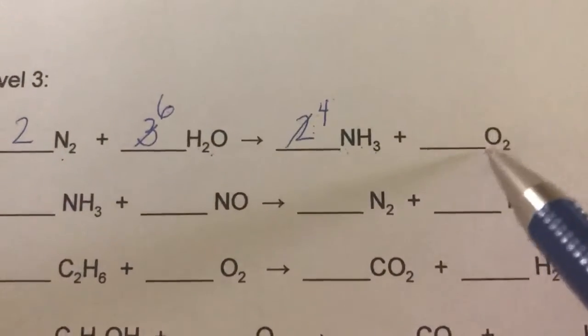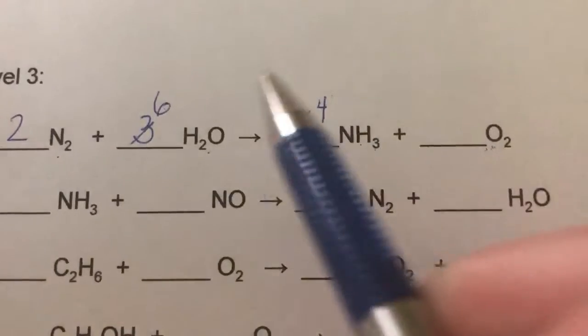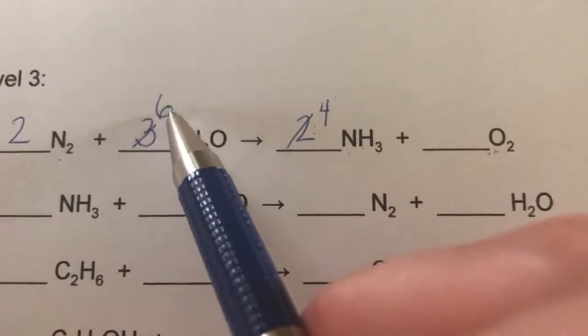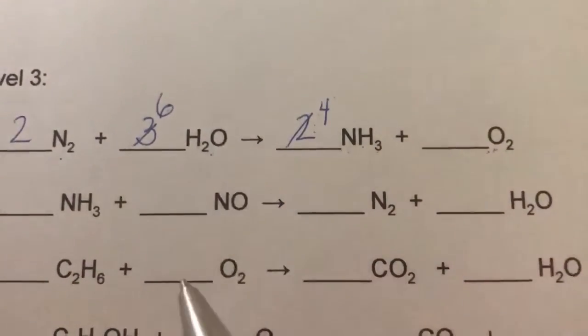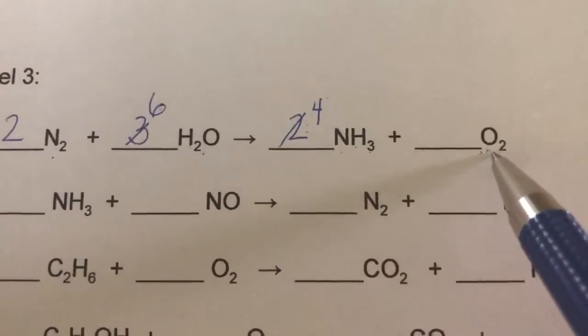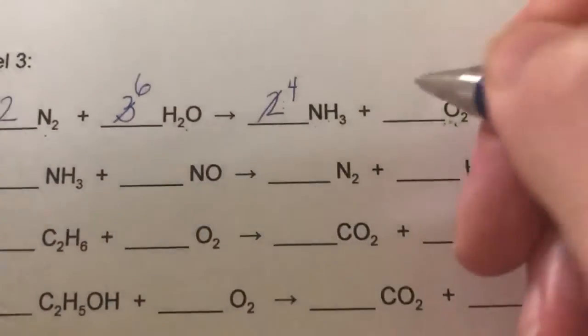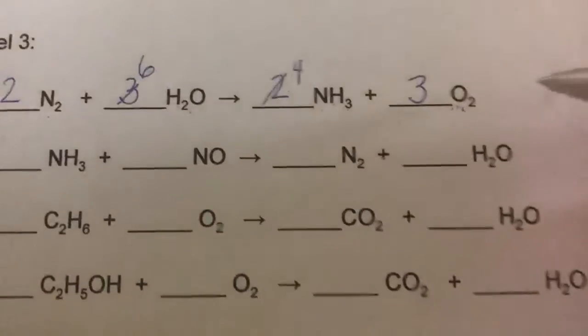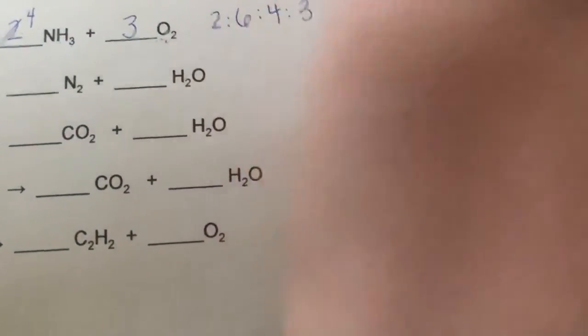Remember, my problem area was with oxygen. So now when I look at oxygen, I have 6 times 1, which is 6. So what do I multiply 2 by to get 6? It is going to be 3. And my ratio here is going to be 2 to 6 to 4 to 3.